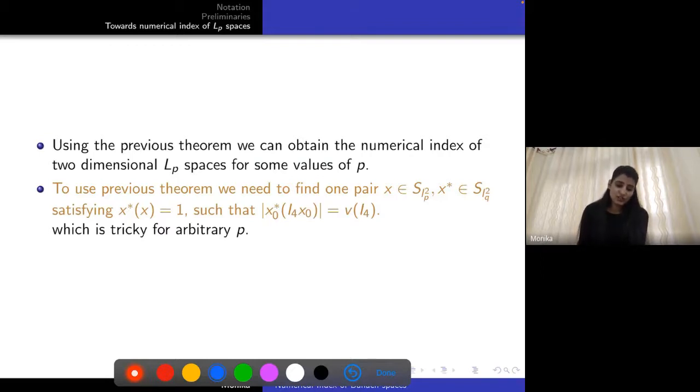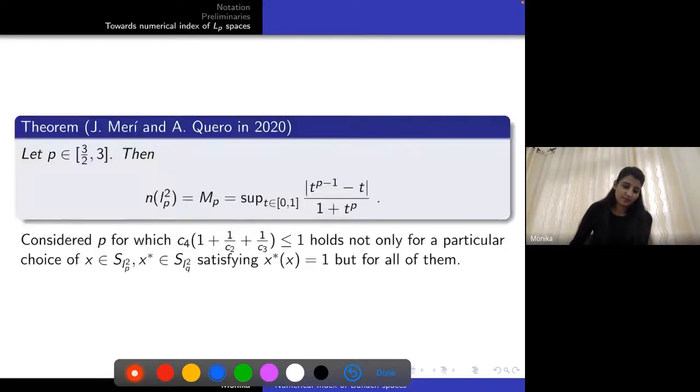So for the range between 3/2 to 3, they proved that the numerical index of LP2 coincides with MP. And they proved this by saying that this quantity is less than or equal to 1 for all norm 1 x's.